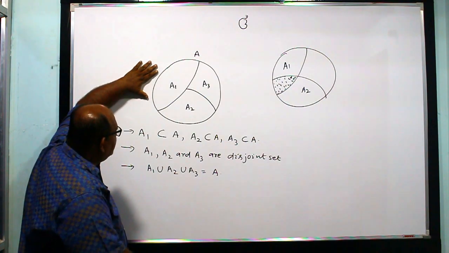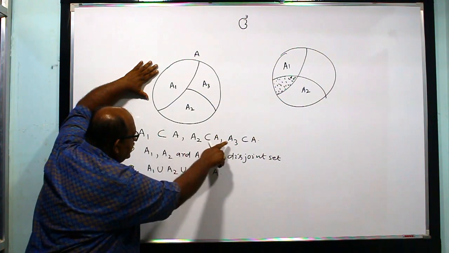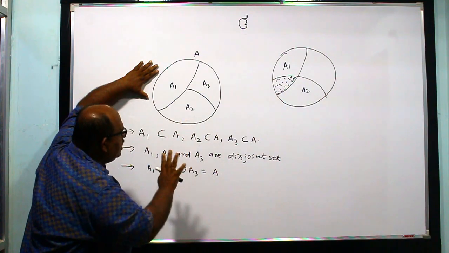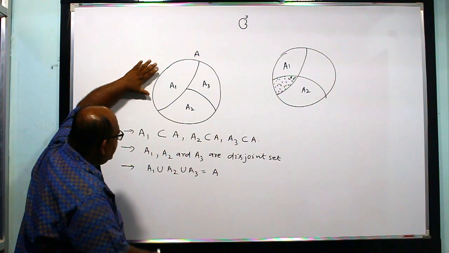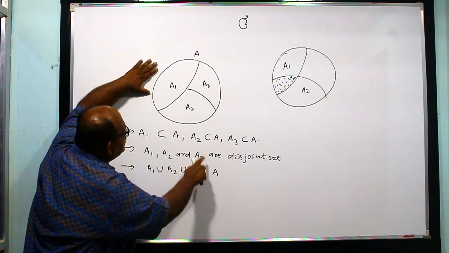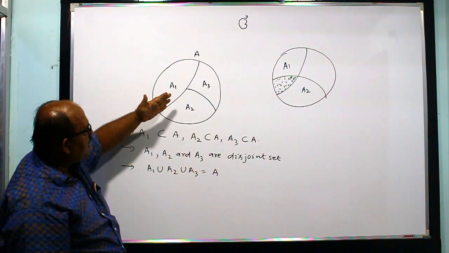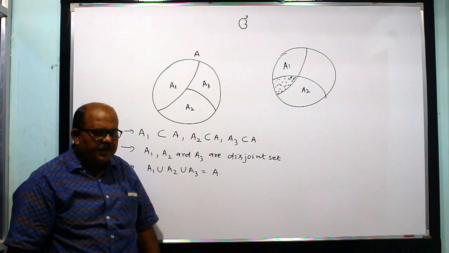Again I am telling, partitions must be subsets of the main set, the partitions must be disjoint, no element should be common, and the union of the partitions must equal the main set A. Then we can say A1, A2 and A3 are partitions.